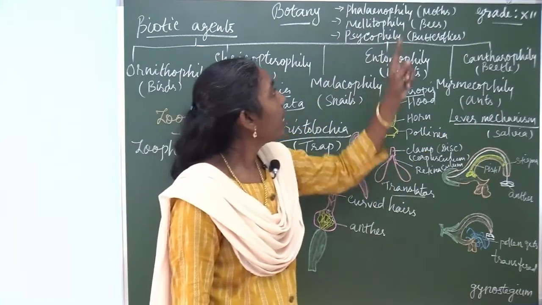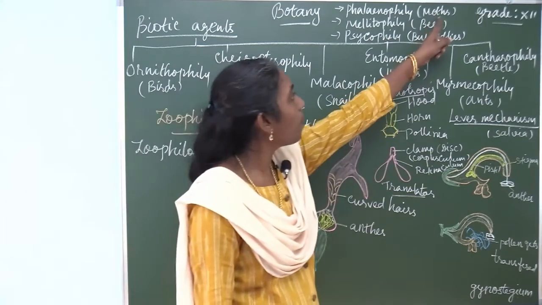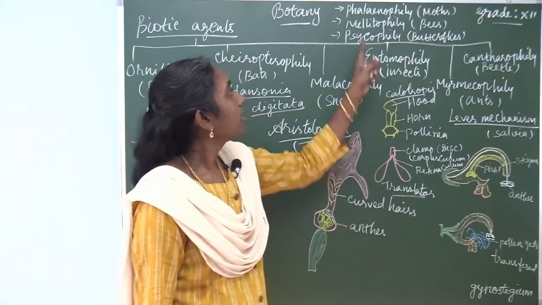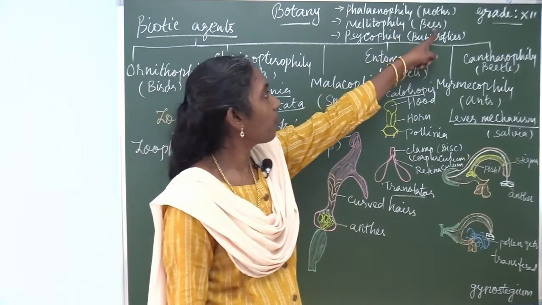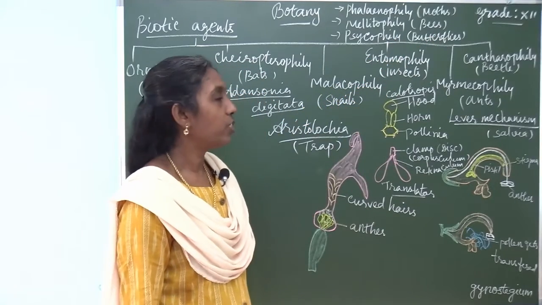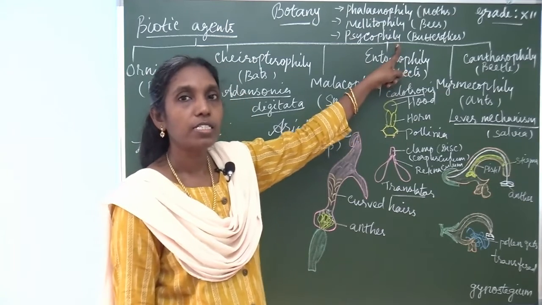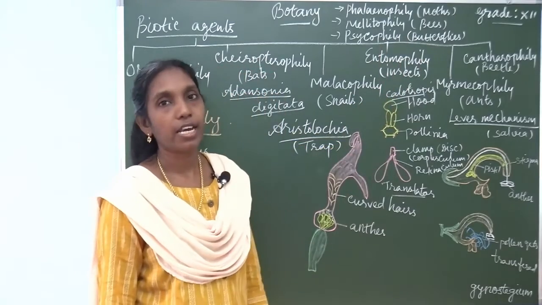Then phalaenophily: pollination by moths. Then melittophily: pollination by bees. Psychophily: pollination by butterflies.